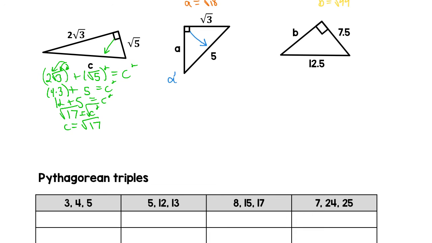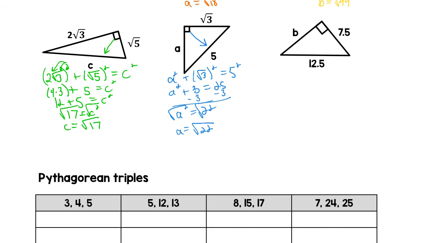That means we've got A squared plus the square root of 3 squared is equal to 5 squared. A squared stays, plus 3, and that equals 25. We subtract 3 and get A squared equals 22. Square root, and A is the square root of 22.